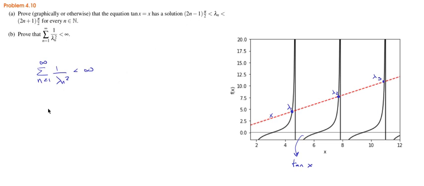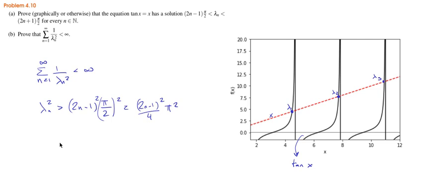Well, we know that lambda sub n is greater than (2n minus 1) times pi over 2, right? This is part of the definition of this. Now, if we square this, let's write it like this: (2n minus 1) squared divided by 4 times pi squared, right?